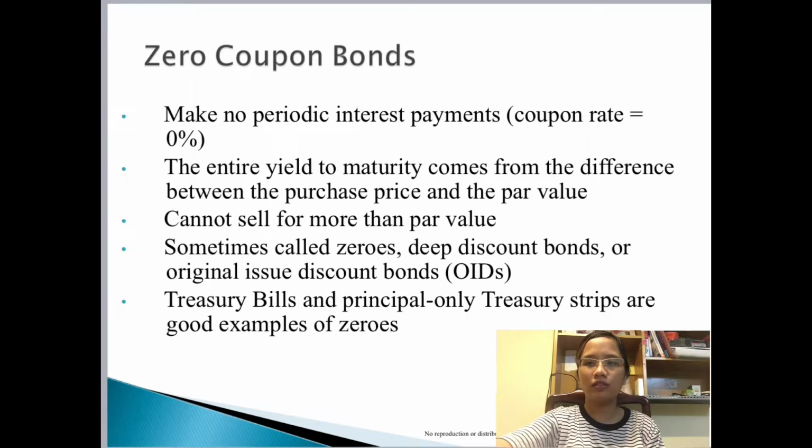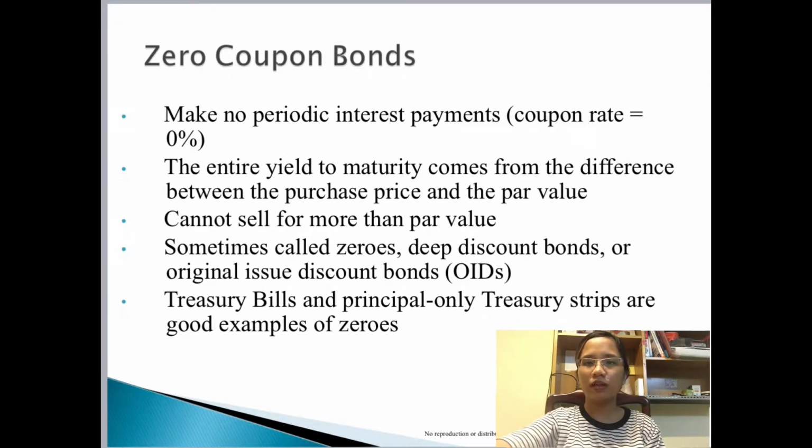Now I will continue with zero coupon bonds. This bond has a coupon rate of 0%, so you don't have to pay interest. At maturity, the entire YTM of this bond comes from the difference between the purchase price and the face value of the bond.